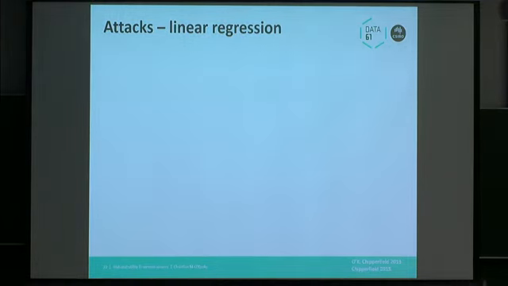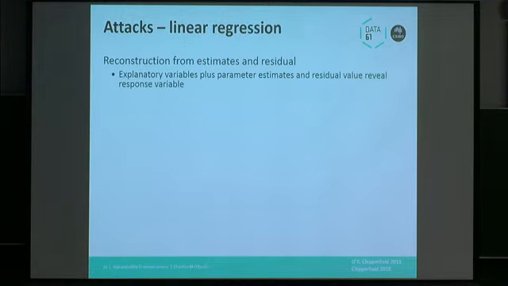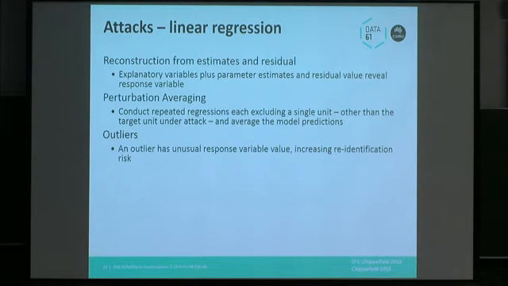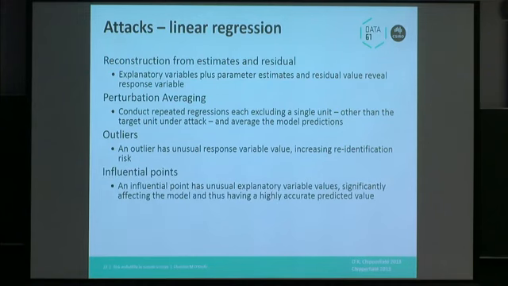So the idea then with linear regression, thinking about what are the sort of attacks that might be relevant: reconstructing from estimates and residuals, perturbation averaging, looking at outliers. So if there are outliers, the unusual response variable value increases re-identification risk. Influential points.